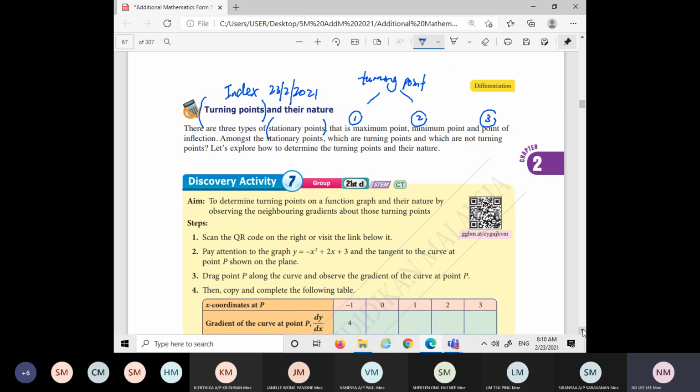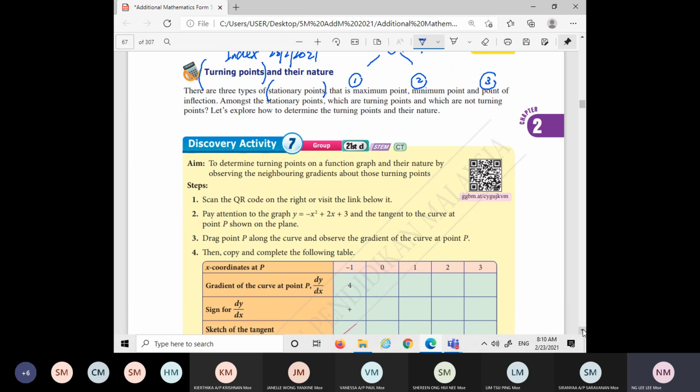Okay, next, I want to do this activity. You can use this website to do this activity. I can show you so that we can do this very fast. Okay, I go to this.